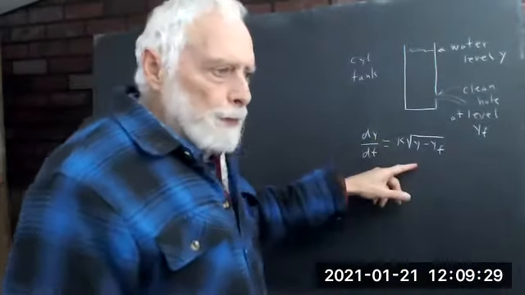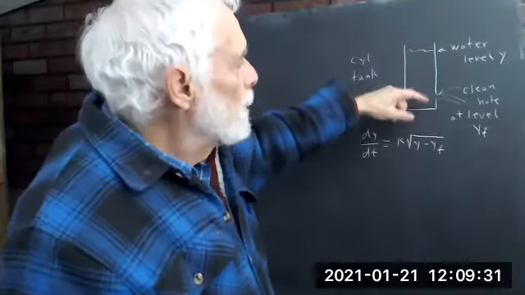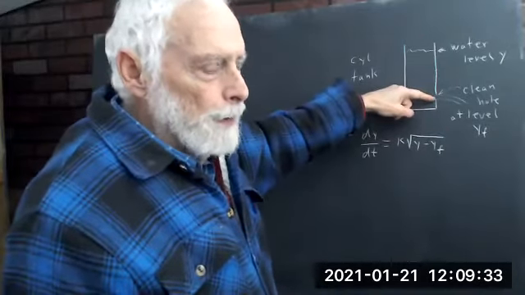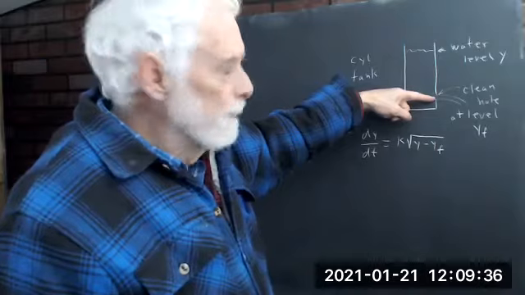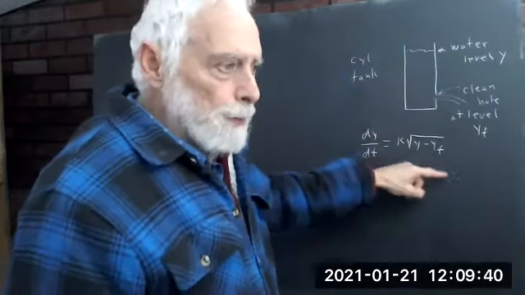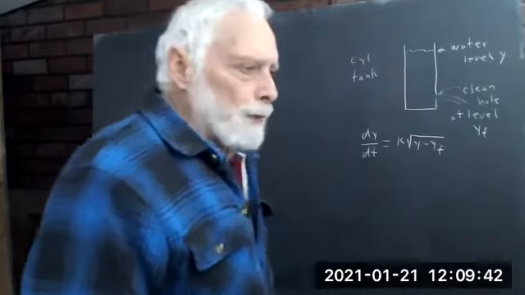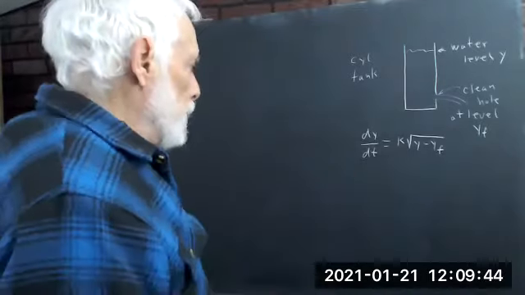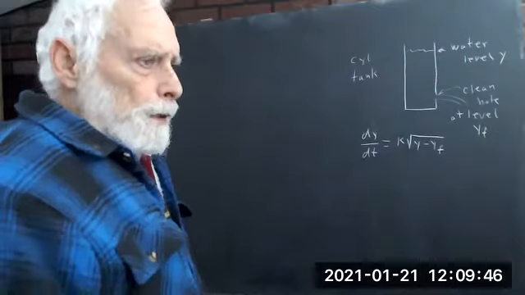When I wrote this, I was assuming you're measuring the water level from the position of the hole, in which case y_f would be 0, and you'd have k square root of y. It's going to be k square root of y minus y_f, and that doesn't complicate the problem at all.